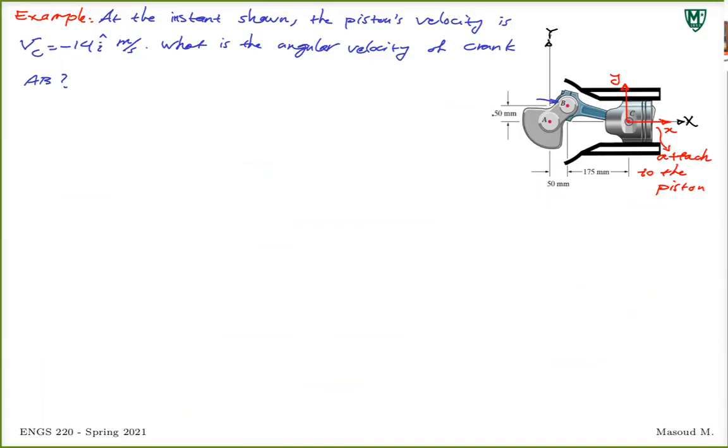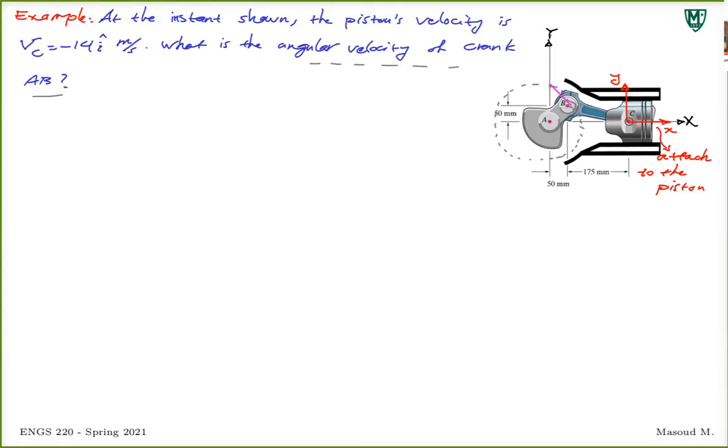Now, what is the point of studying the velocity of point B? I want to give you some insights about why we are doing this. Remember, we're trying to find the angular velocity of crank AB, right? Point B is part of BC and part of AB. If we find the absolute velocity of B, then B is rotating around point A, right? This is the path it follows, which is a circular motion. So if I find the velocity of B, this velocity is going to the left, so the velocity is this way.